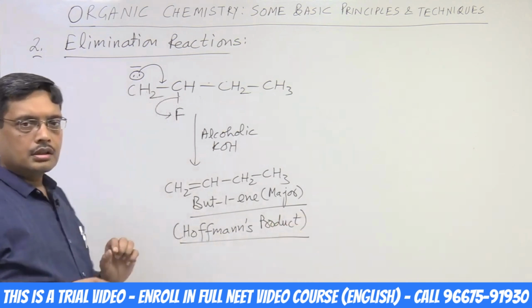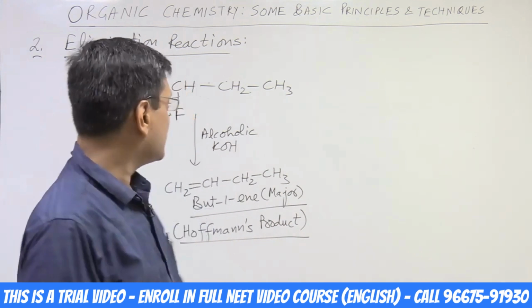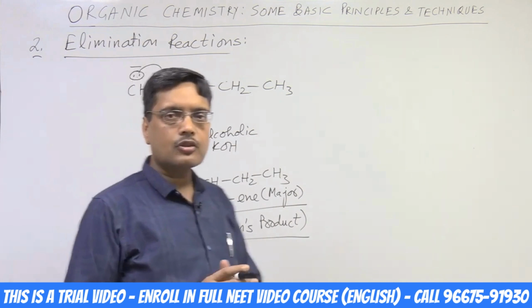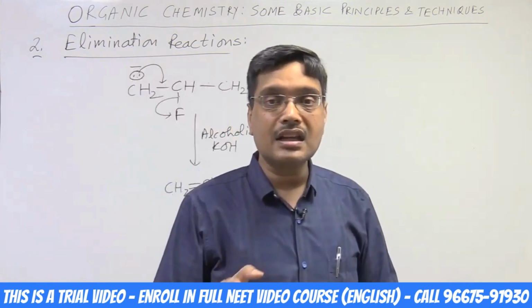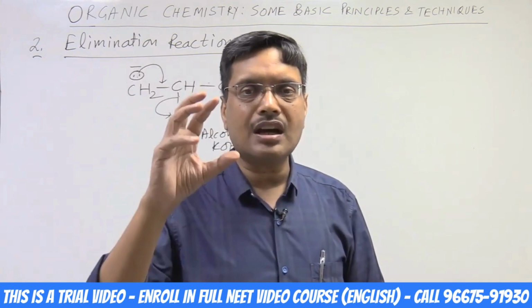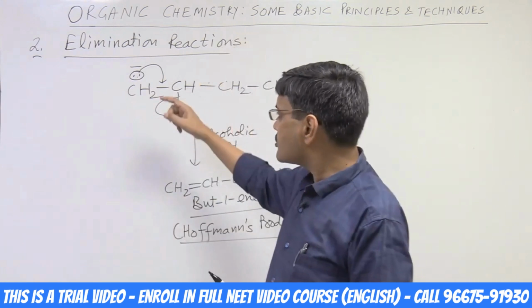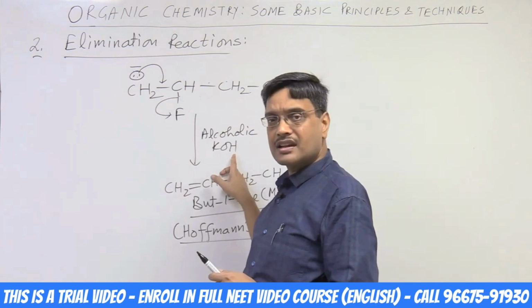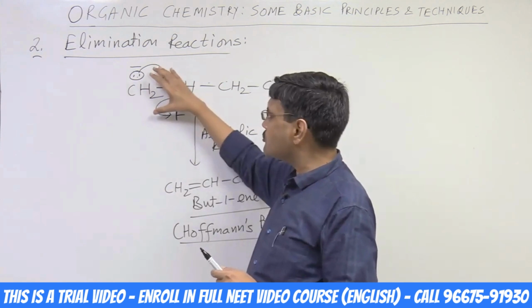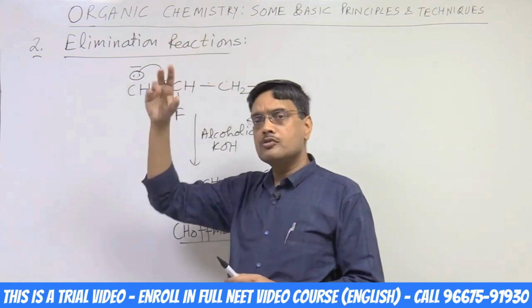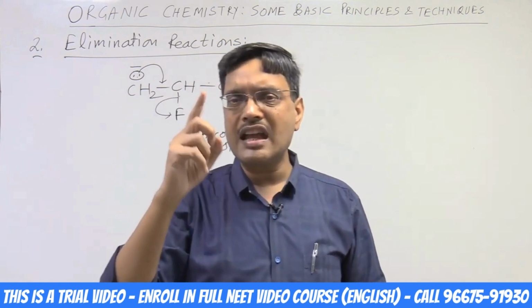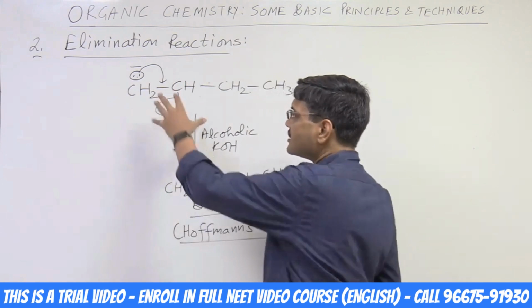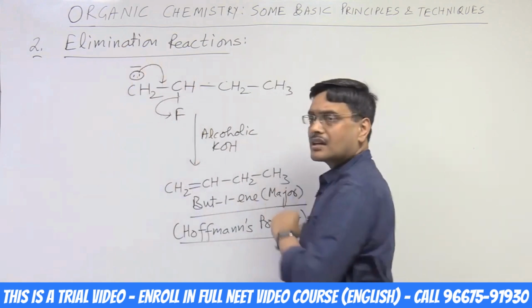Here, one more important thing is present. Actually, this carbanion is the conjugate base of the original compound, because an H plus ion is removed by OH minus ion, and this compound and the original compound have a difference of one H plus ion. So it is the conjugate base of the original compound.